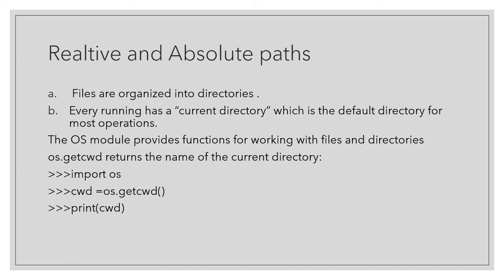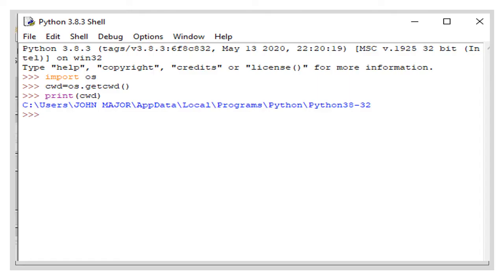For example, here we are going to use os.getcwd(). CWD stands for current working directory, which tells us in which particular folder this program is stored.